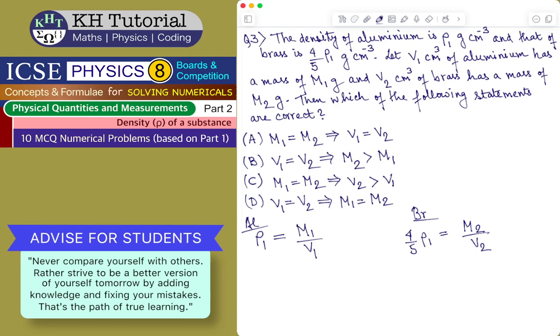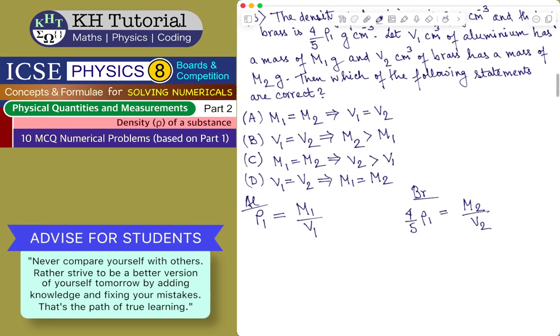Now, for aluminium we have V1 is equal to m1 by rho 1, and for brass we have V2 is equal to m2 divided by 4 by 5 rho 1, which is equal to 5 by 4 multiplied by m2 by rho 1.